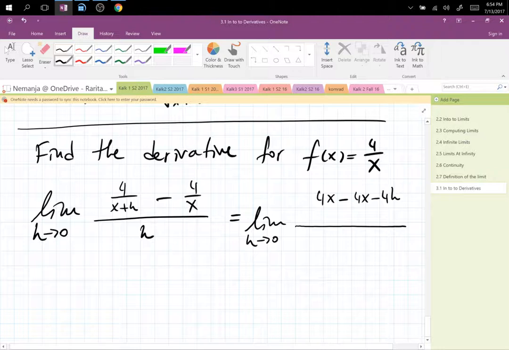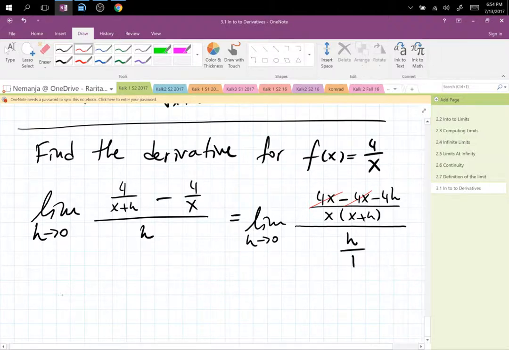You multiply top and the bottom by the common denominator of the two, which is x plus h times x. So that's 4x and then negative 4x and then negative 4h. The x plus h cancels because those are the two denominators. So these two cancel first.